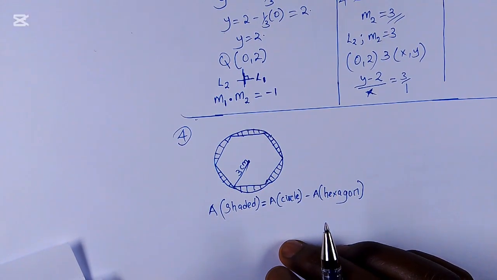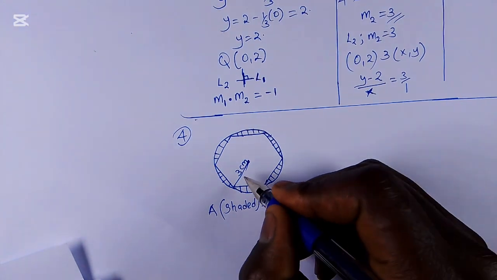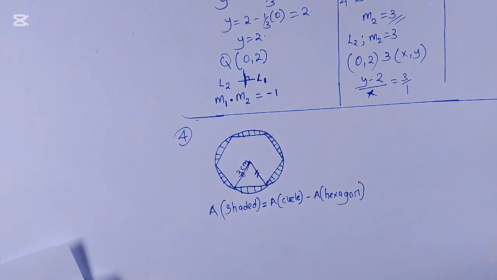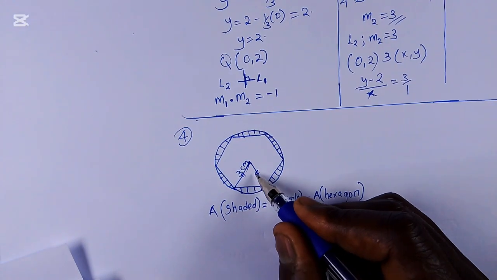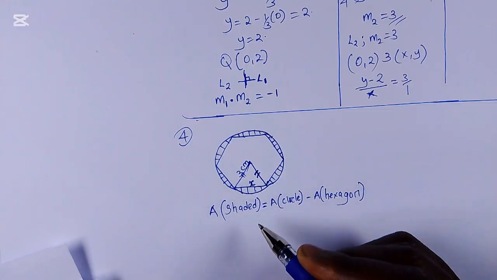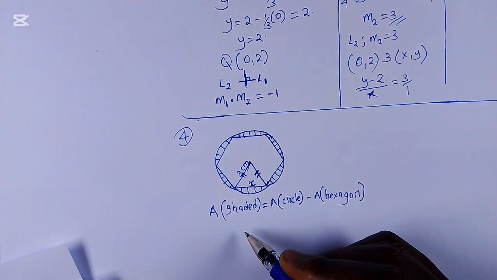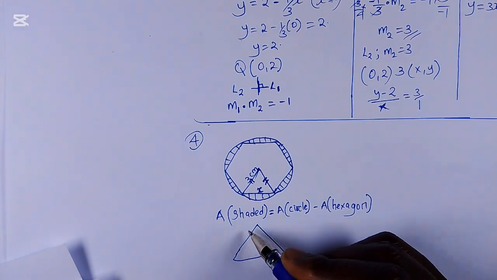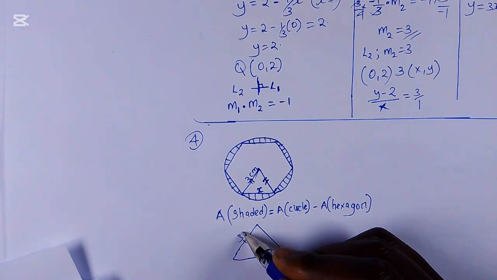We will first start by determining the dimensions of the hexagon. This side is equal to this one, and that one is equal to that one. We need to determine this dimension here, so we can take this triangle, and this triangle has 3 centimeters here.